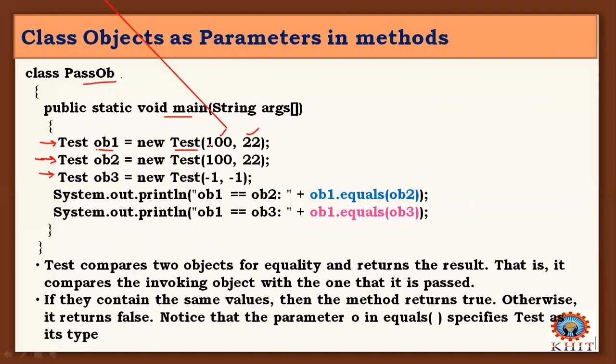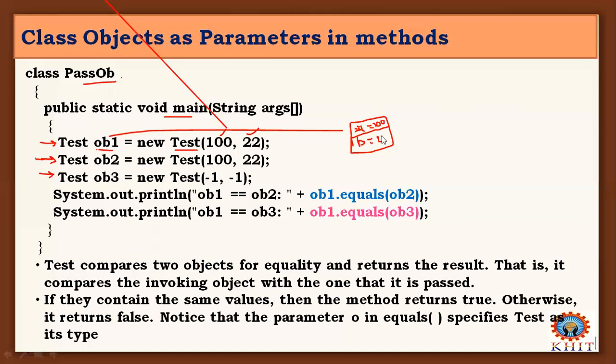Some part of memory is created for this object, and in this memory we have two values, a and b. The a value contains 100, and b of this object ob1 contains 22.